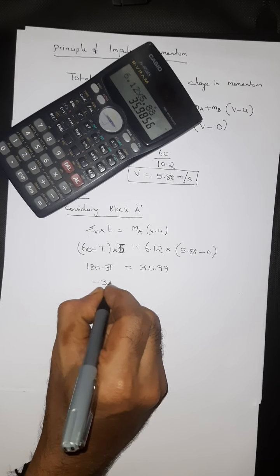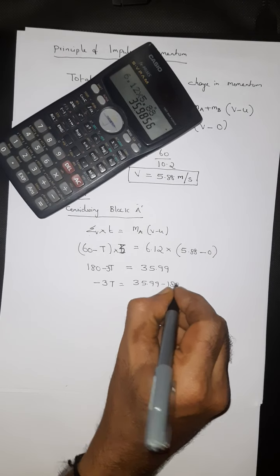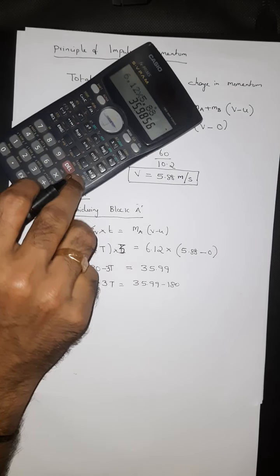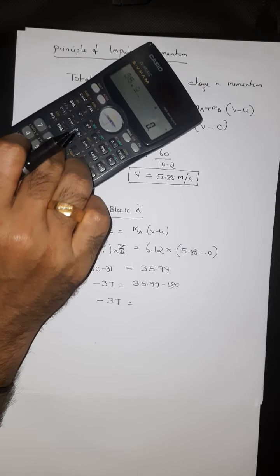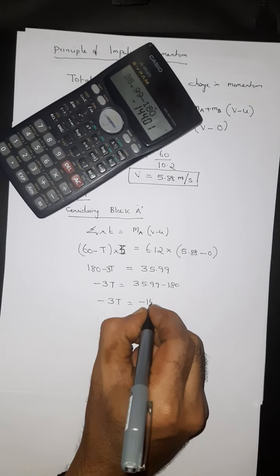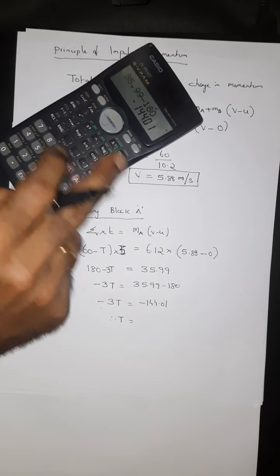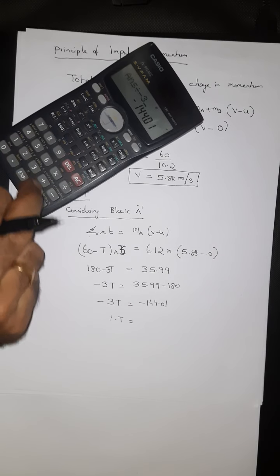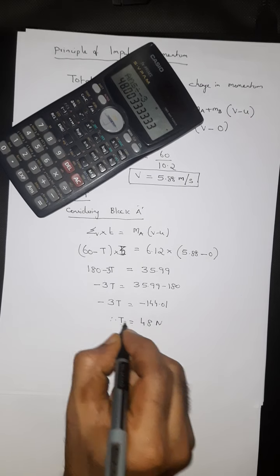Therefore, minus 3T equal to 35.99 minus 180, which works out minus 144.01. Therefore, T equal to 144 divided by minus 3, 48 Newton.